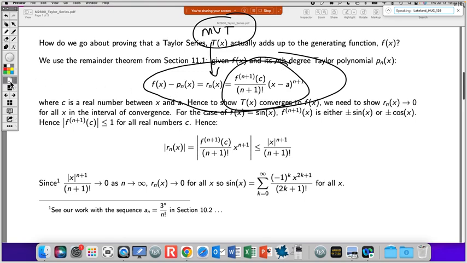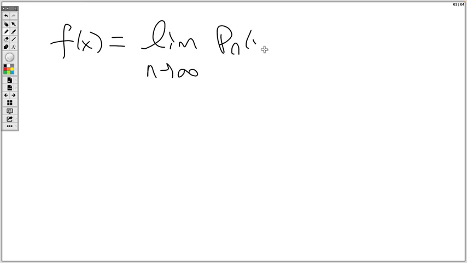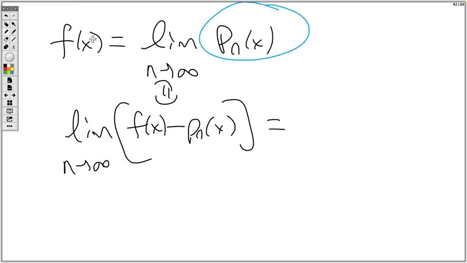right, if you think about it, if I want to show that f of x is equal to the limit as n goes to infinity of Pn of x, the way to do that is to show that the limit as n goes to infinity of f of x minus Pn of x is what? If you want to show that these go to here, then that means their difference has to go to where? 0.